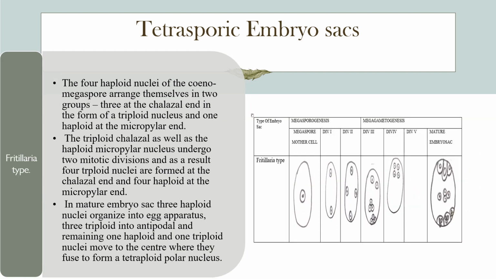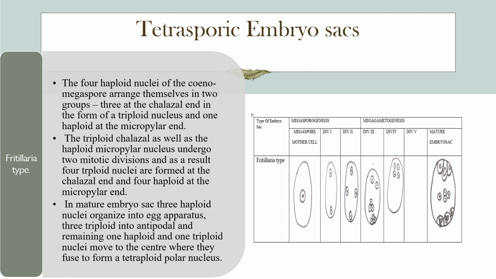The tetrasporic embryo sacs which are formed where nuclear fusion takes place: the first one is Fritillaria type. The 4 haploid nuclei of the coenomegaspore arrange themselves in 2 groups, 3 at the chalazal end, which fuse in the form of a triploid nucleus, and 1 haploid at the micropylar end.